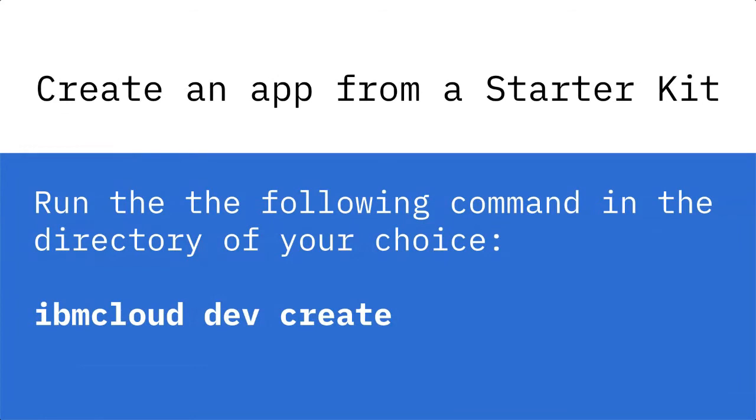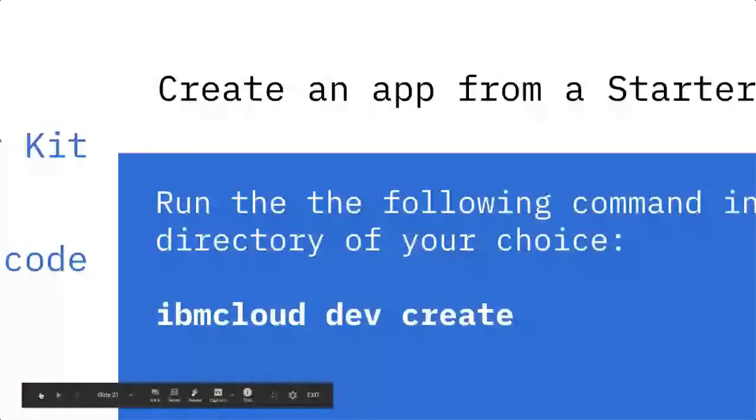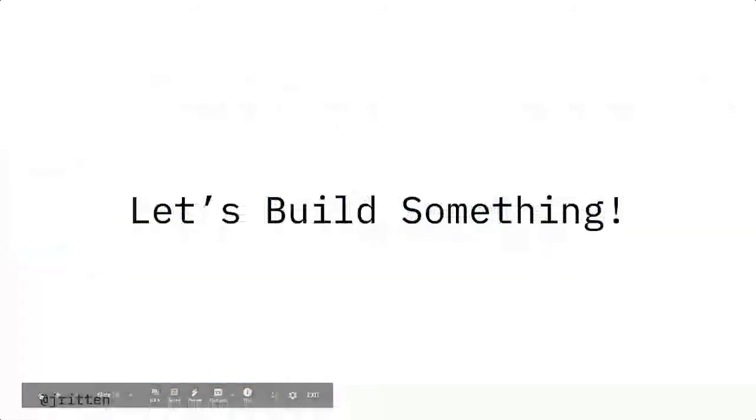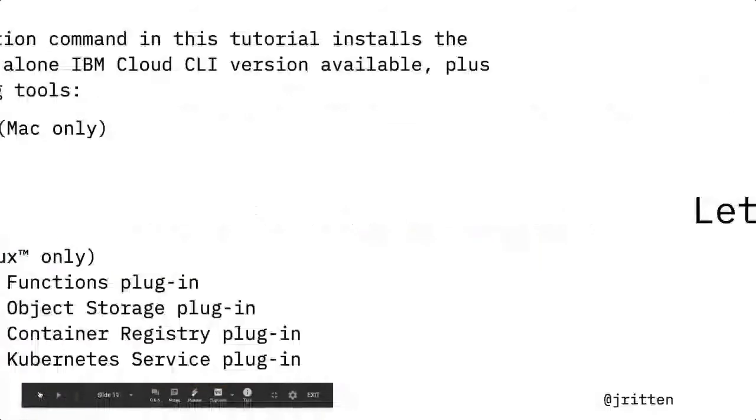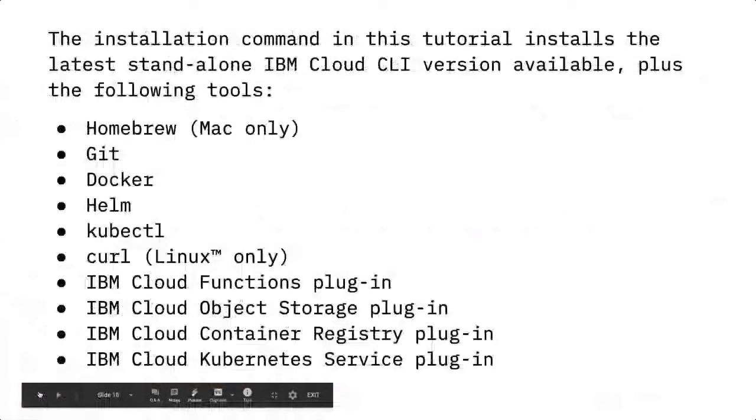So the only thing we should be installing at this point is the Developer Tools CLI and the Cloud Foundry CLI. Those are going to install all of those plugins that I showed you here. So that's automatically going to also install these plugins for you, so you don't have to do that.